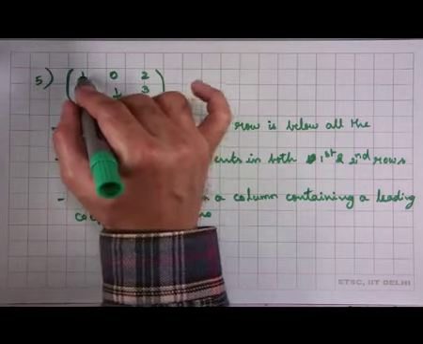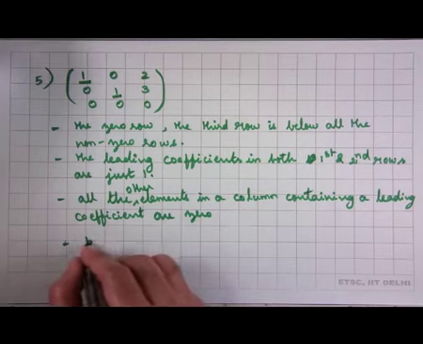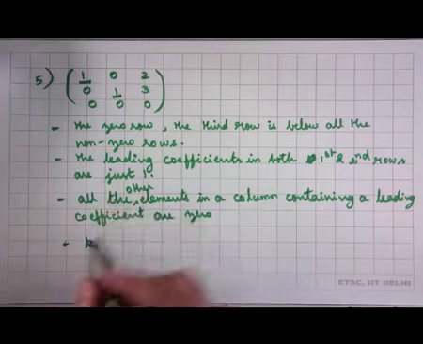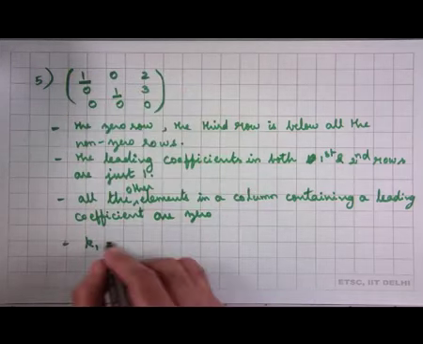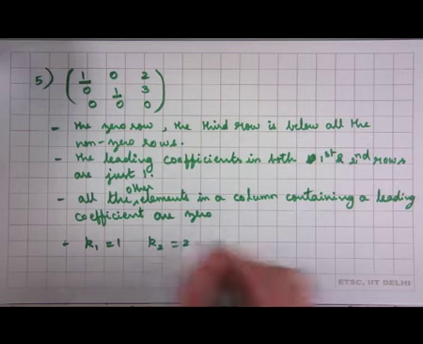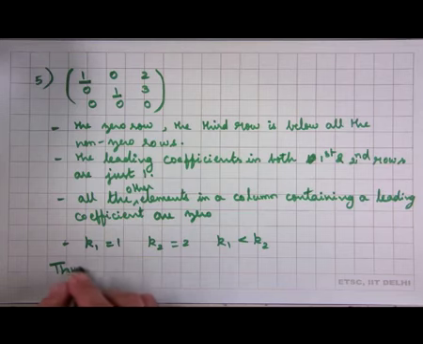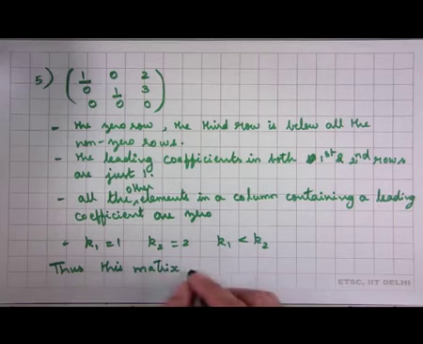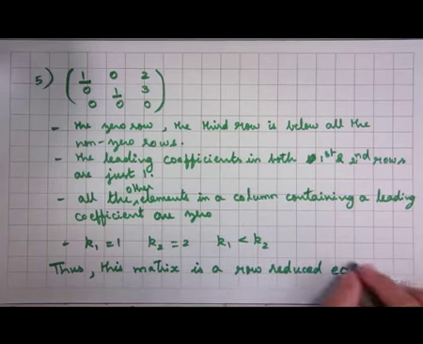You can notice that apart from this one, the remaining two elements are 0. Last one, K1: the first 1 appears in the first column, so K1 is 1, and K2 here is the second column, so K2 is 2. Therefore, K1 is less than K2. So, thus this matrix is a row reduced echelon matrix.